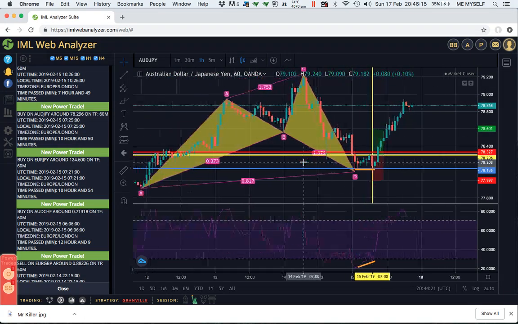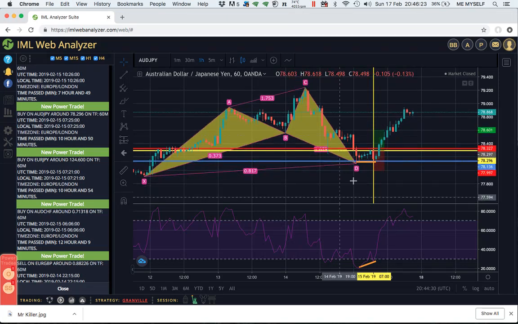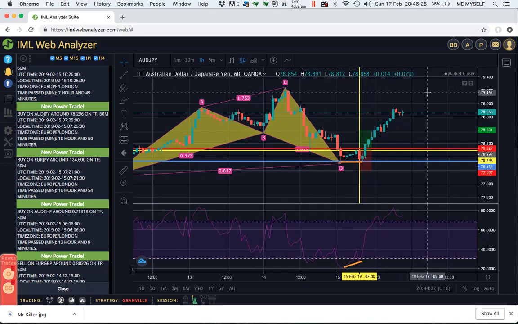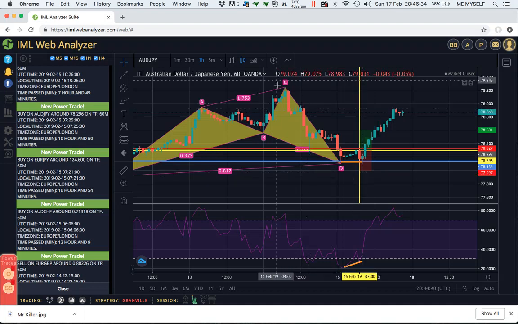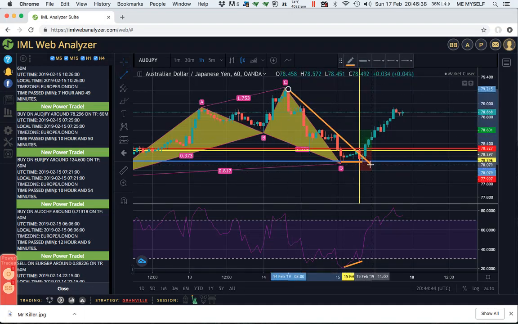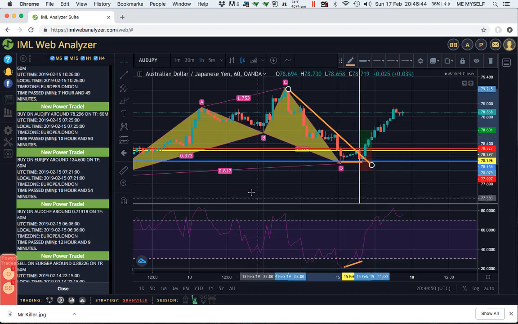So all these things coming together, the power trades, the harmonic scanner, the divergences, even quarter point levels as well, to get your good entry into the market. There's nothing really stopping us from getting into these power trades at a very decent price, instead of having to wait for the trend line to break. I must say though that the trend line break and close above is a safer entry.